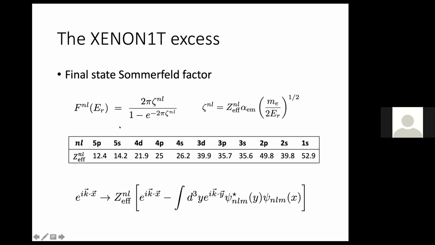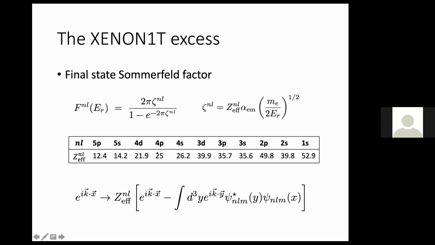There are people who calculated this for electrons from different shells. For different orbits or shells, the Sommerfeld factor can be written this way, with the effective charge of this ion with the electron kicked out.